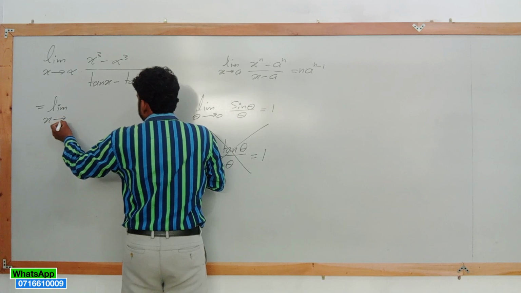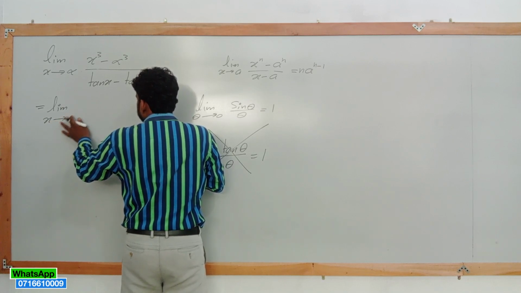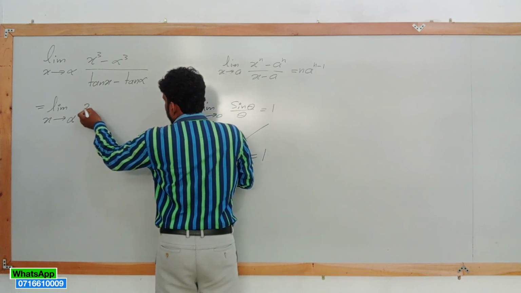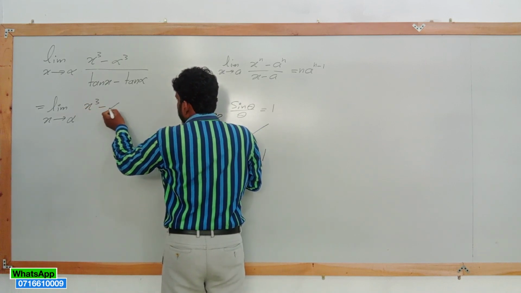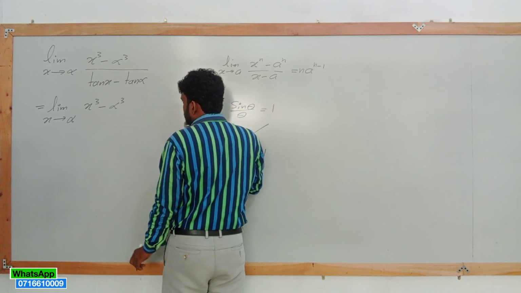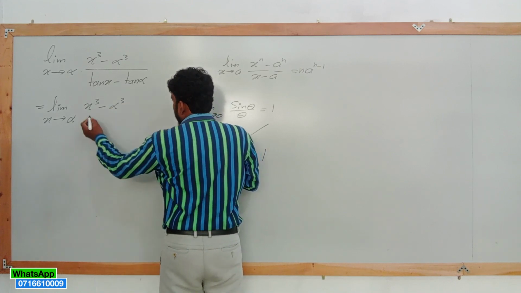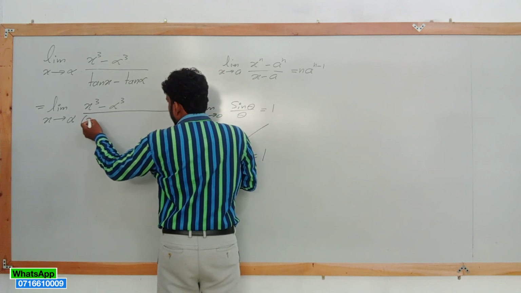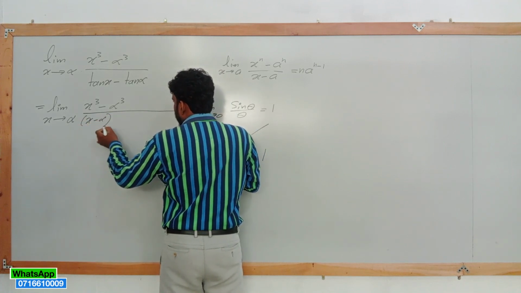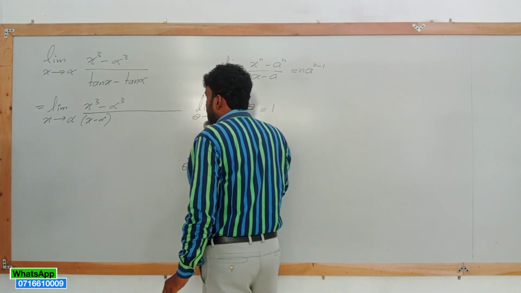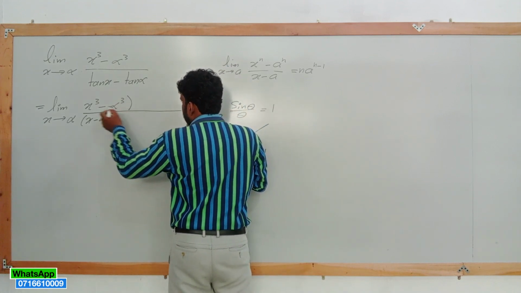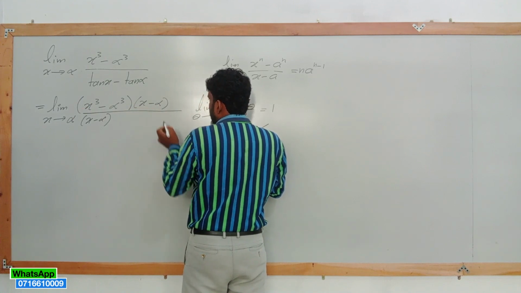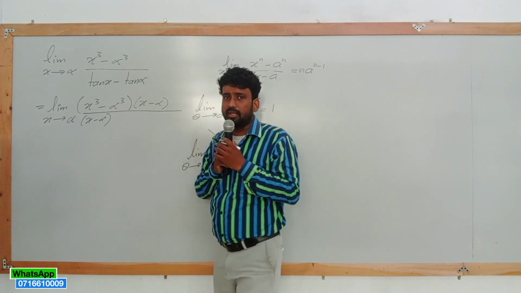Limit x goes to alpha of x cube minus alpha cube, then you can use x minus alpha, multiplying by x minus alpha, because that is added by us.